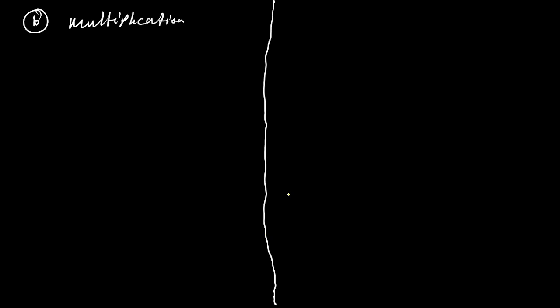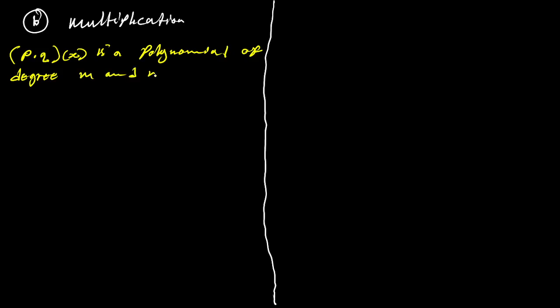So in this case, we can say P dot Q, of which the dot, I know you are all aware, in this case simply stands for multiplication, is a polynomial of degree m and n respectively, because we don't know the degree of these guys.